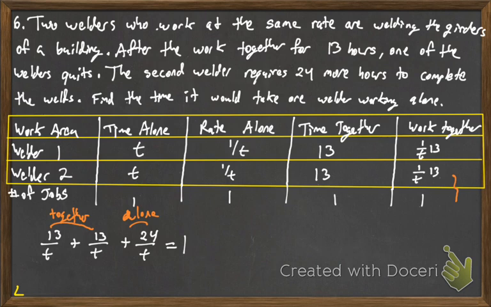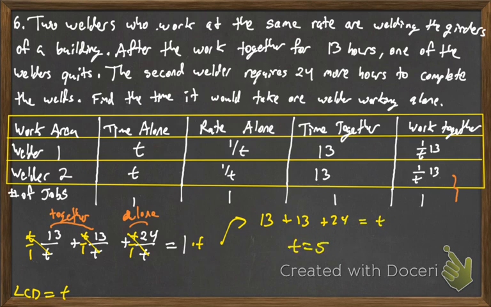The only denominator here is T, so that's our LCD. LCD is T. So we're going to multiply everything by T or T over 1, depending on if it's a fraction or not. Okay. So you have 13 plus 13 plus 24. That's equal to T. That's not too bad. T is 50 hours. Okay. So that's how long it would take one welder working by themselves to complete the welds.